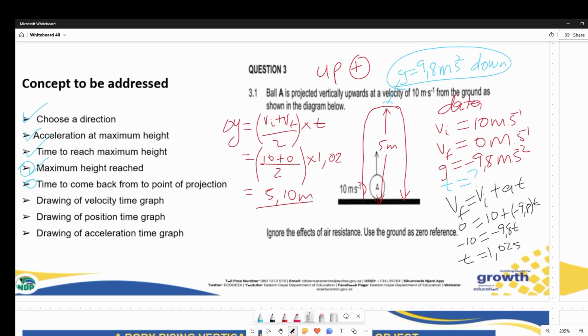Remember, when the object went from the ground up to the maximum height, then from the maximum height until it reaches the ground again, this ball travels the same distance, the same height, that is 5 meters. If I call this point A, then this is point B. From point A to point B, it travels 5 meters.